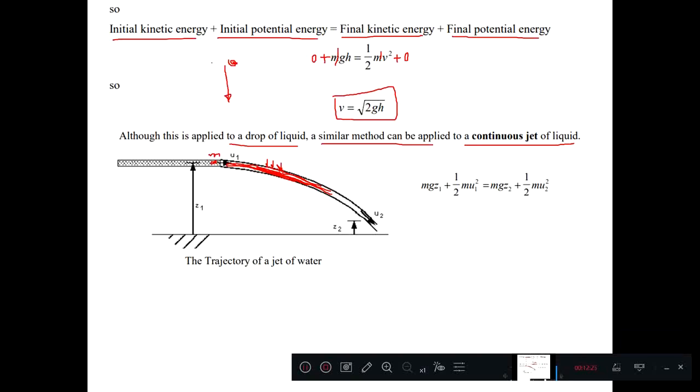The only force acting on this jet is gravity.